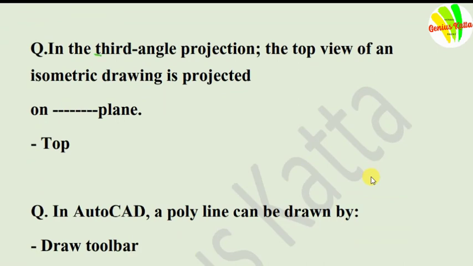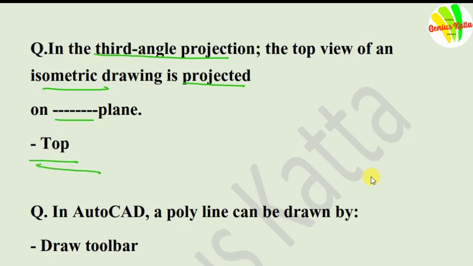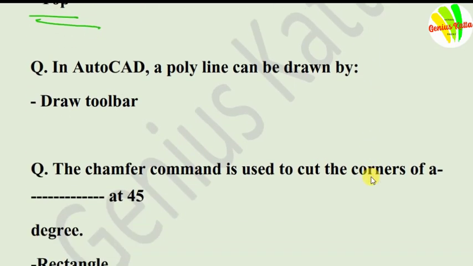In the third angle projection, the top view of an isometric drawing is projected on a dash plane. Answer is top plane.